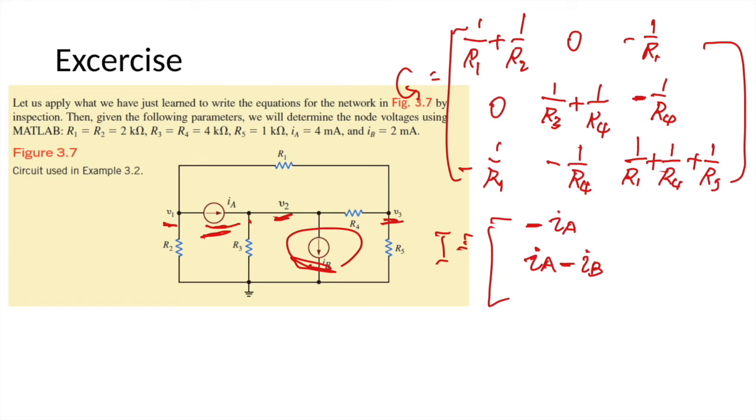And for node 3, there's no current source directly connected with node 3, so it equals 0. So we obtain this equation, and by plugging the numbers and using MATLAB, you can calculate that the voltage equals the inverse of G times I.